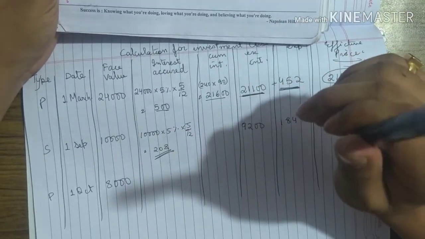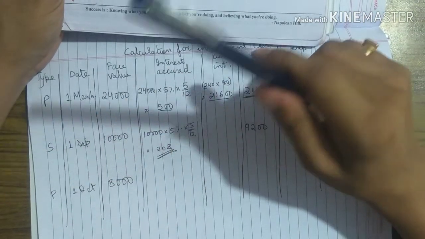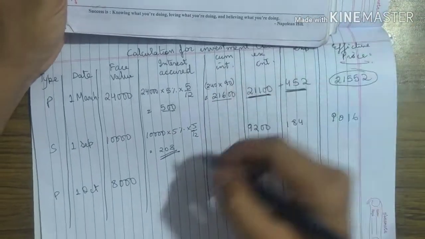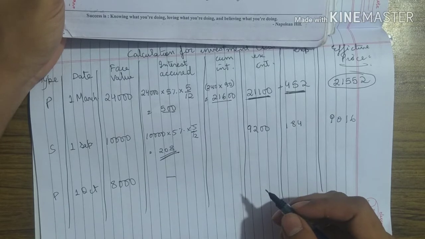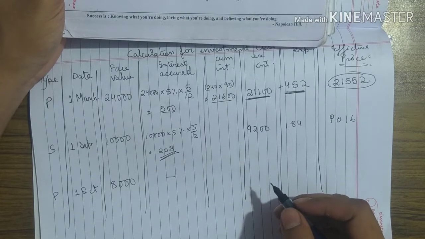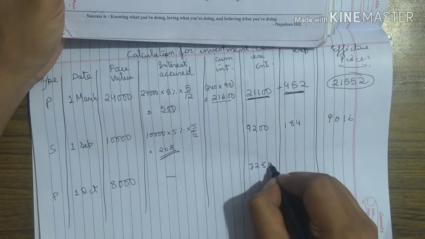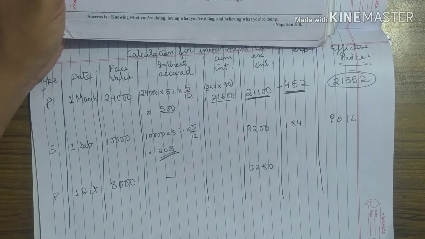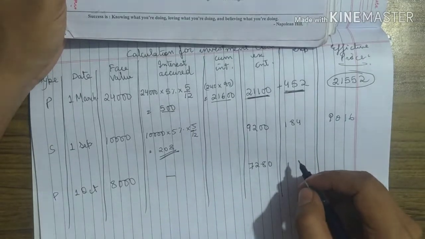The amount is paid on 91 ex-interest, which means 80 into 91, which is 7,280.